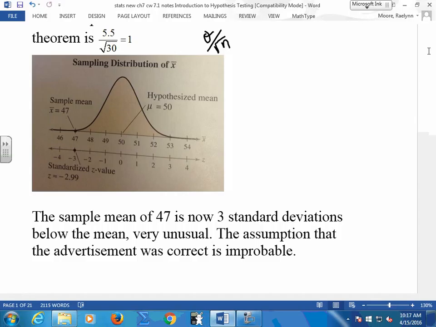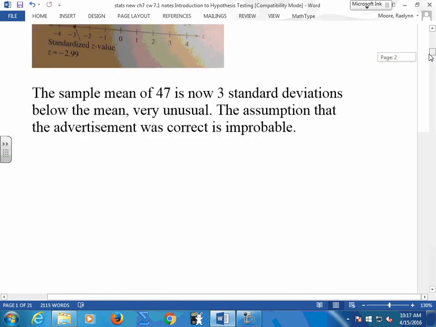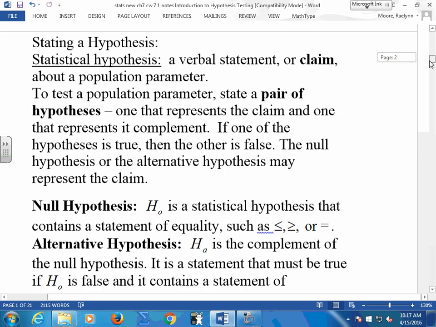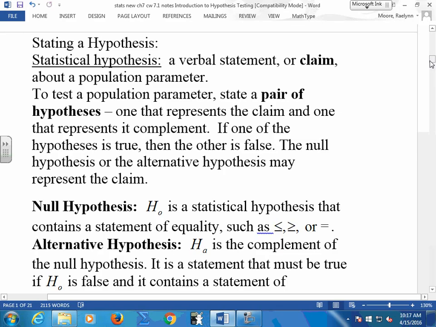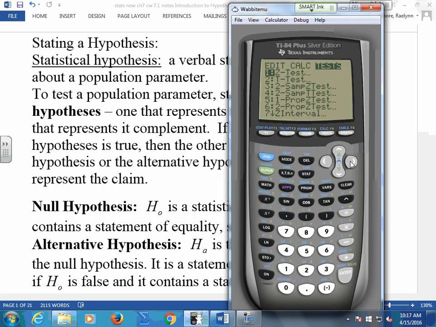We have a way of saying certain things. Okay. So that's where we're going with this. But of course, we have different things to do. And if you kind of remember your calculator, when we looked at your test, see the things that say test? These are the steps we'll use this time.